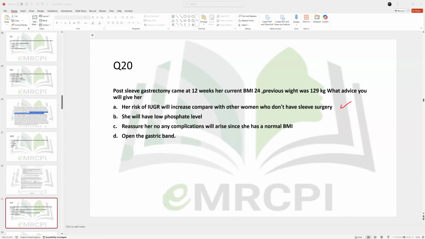So the answer is A. For answer C, I can see one of my friends advised C: reassure her no complications will arise since she has a normal BMI. Is that logical? Can you reassure that no complication will arise? No, never. It's proven that there is increased risk of small for gestational age in pregnancy following bariatric surgeries. Yes? Yes.